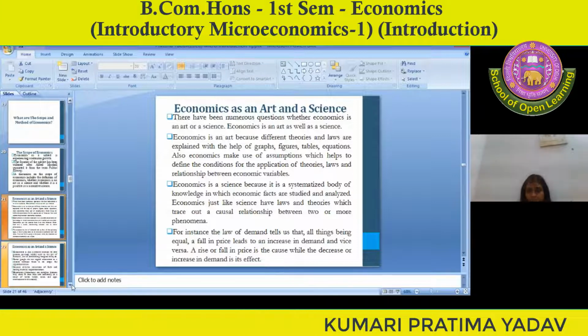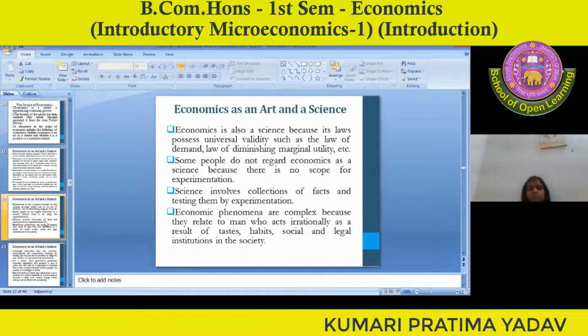So for instance, the law of demand tells us that, all things being equal, a fall in the price leads to an increase in demand and vice versa, which I have given you the example. A rise or fall in price is the cause, while the decrease or increase in demand is its effect, which I have given you the example.